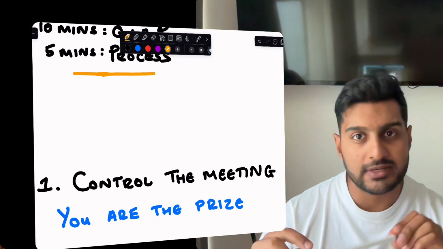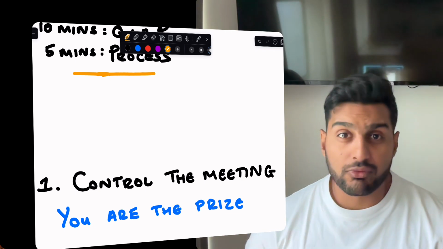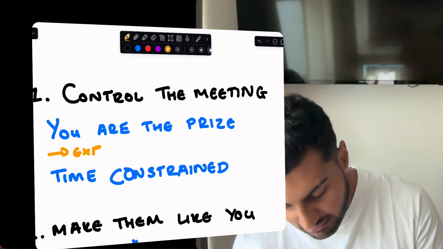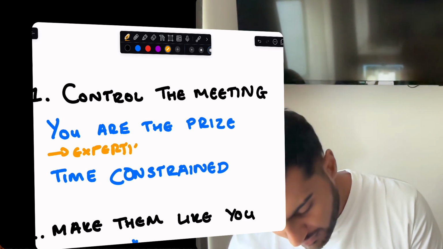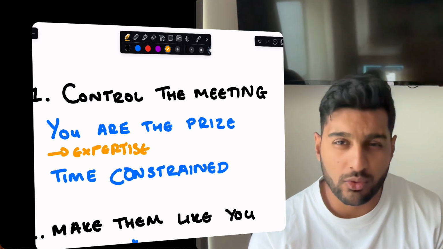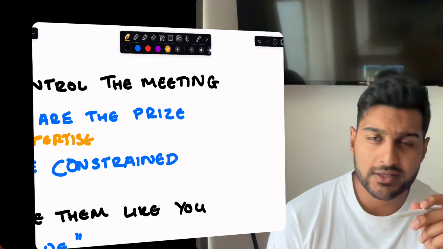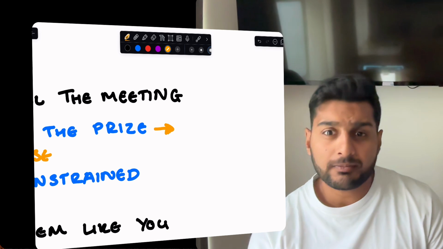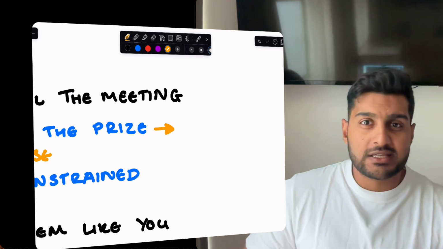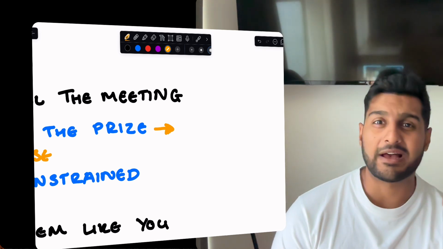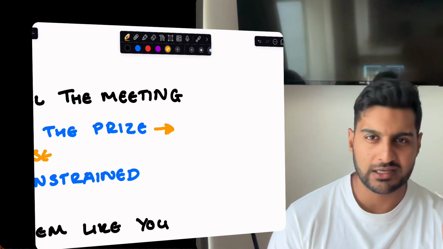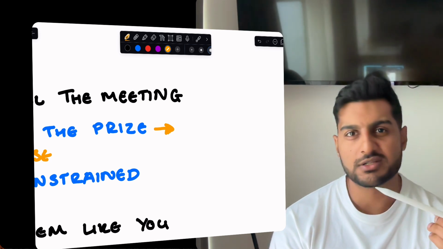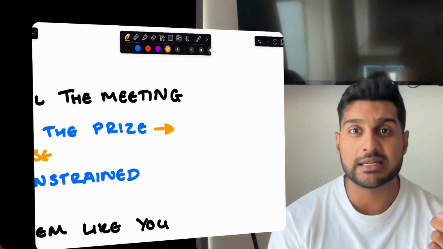And if you don't control the meeting, if you don't show them that you are the prize, that you have the expertise, and expertise is so important, right? That you are the ones they should be investing in. And the really big thing on this one, as I get to see founders go wrong all the time, is you've got to realize they're seeing hundreds of founders a year, and as a normal saying in the investor world, they're trying to find a needle in a haystack, right?